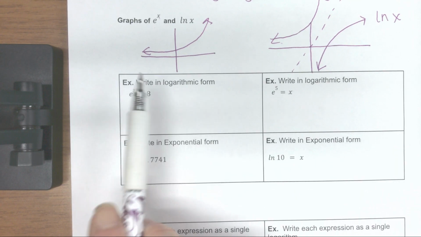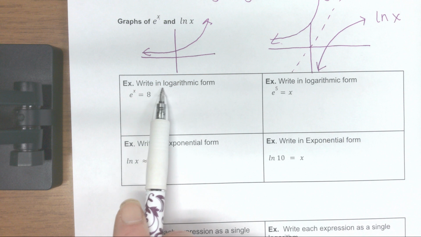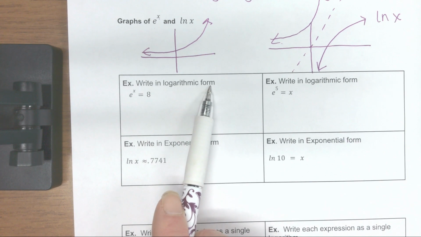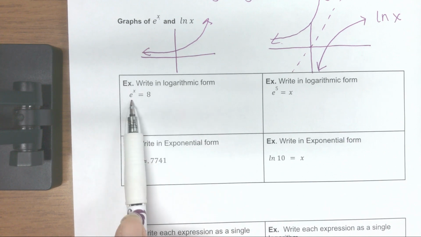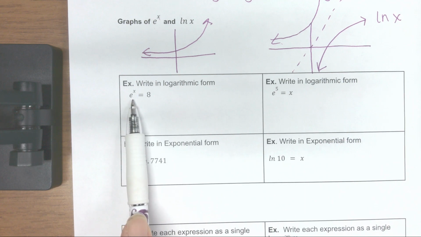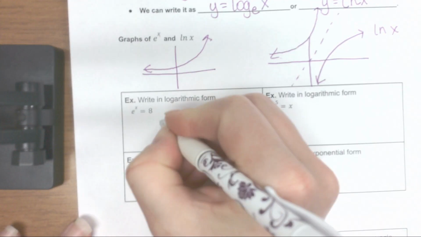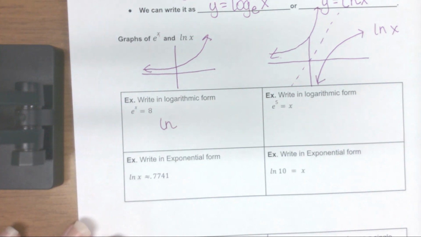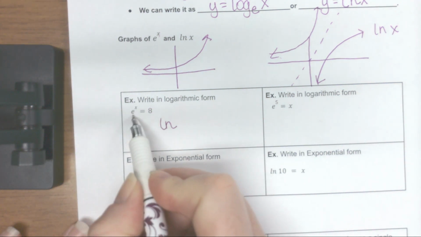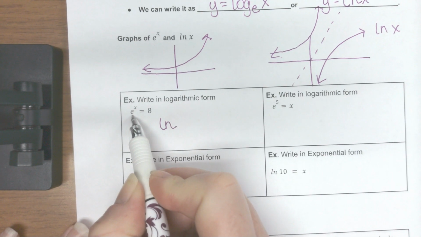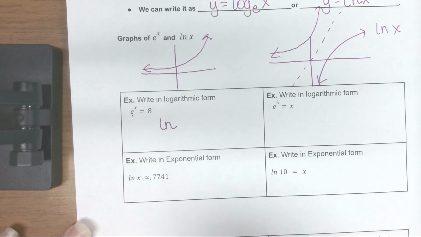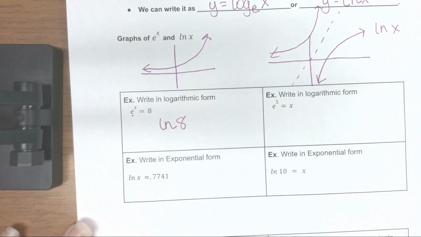So if I wanted to write this in logarithmic form, I look at the base and it's e, right? So I would write log base e. If you want to write it this way, you may. I don't know if you remember this, but on the other side is where we get that from.